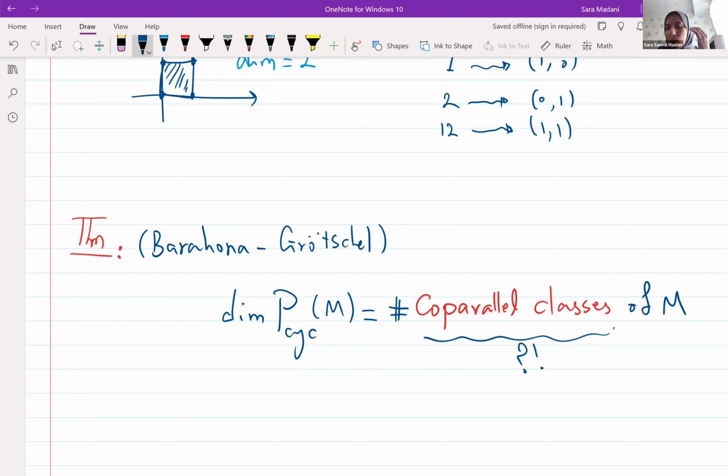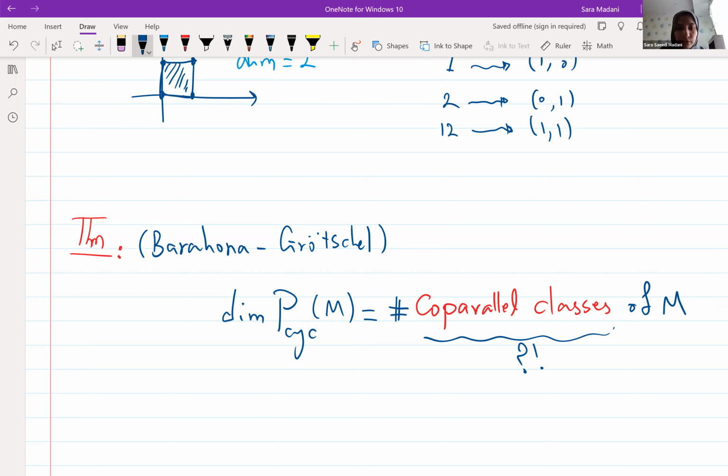But this is something completely related to M. Okay, so here we have a nice totally combinatorial formula for the dimension of our geometric object.